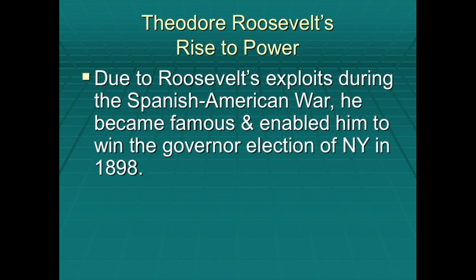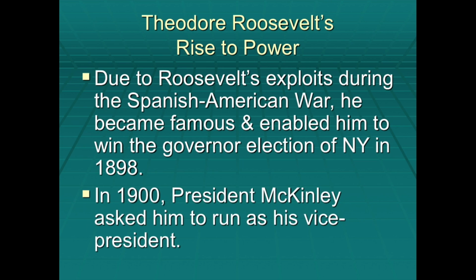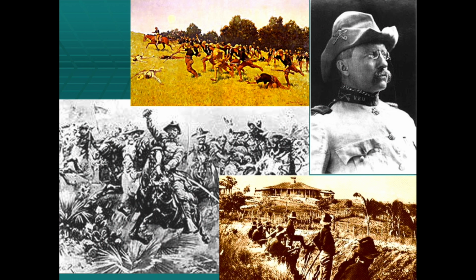So, due to Roosevelt's exploits during the Spanish-American War, the Rough Riders, he became famous, and that enabled him to win the governor election of New York in 1898. In 1900, President McKinley asked him to run as his vice president.